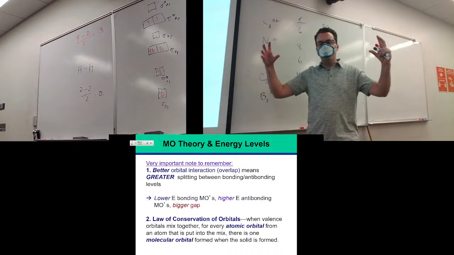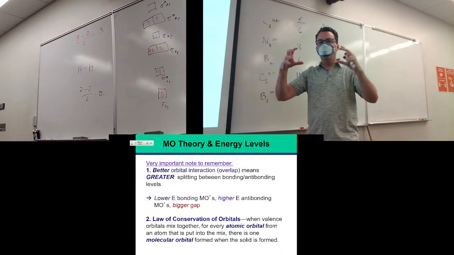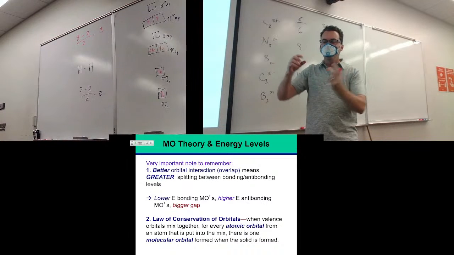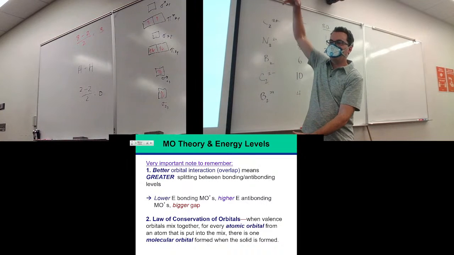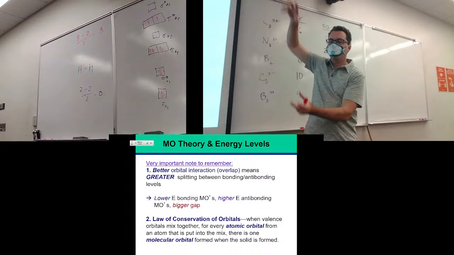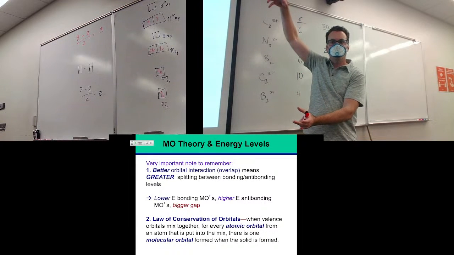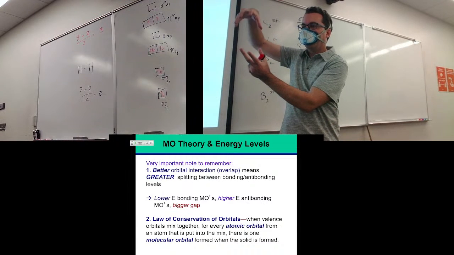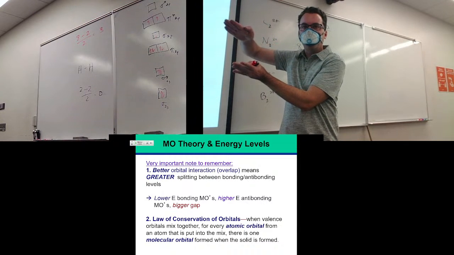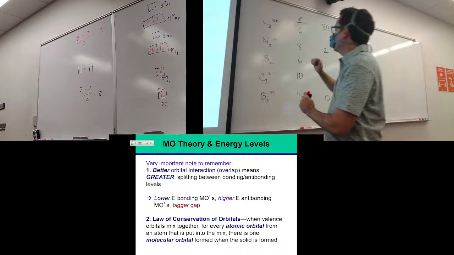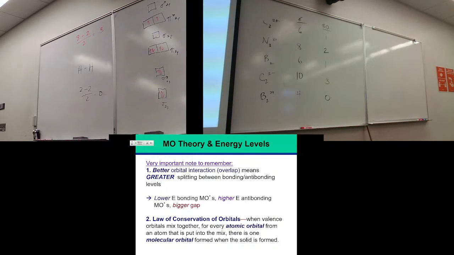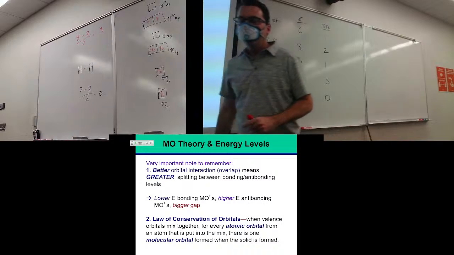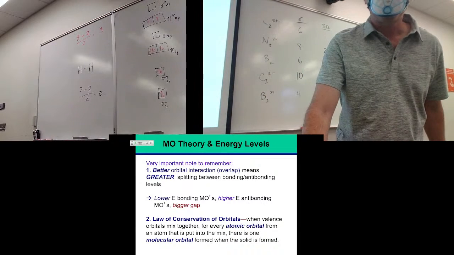If two atoms can get really close together and really overlap their atomic orbitals well, then you'll end up with molecular orbitals, a bonding one and an antibonding one, that have a big gap between them. If the overlap is not good, then the antibonding and bonding MOs will have a smaller gap between them. So the size of that gap depends on how well the overlap is.